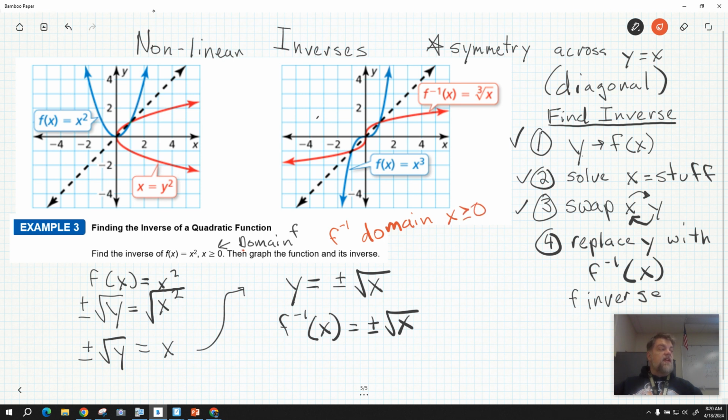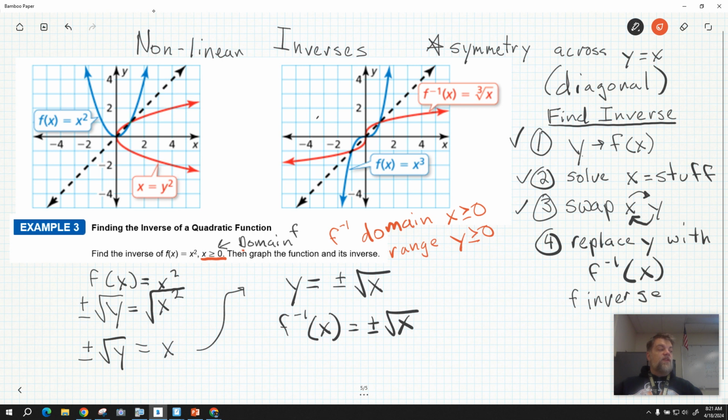But remember, the domain of f is the range of the inverse, right? So then my range has to be positive. Because I'm going to take this, which is the domain of f, and for f inverse, because the domain and the range get flip-flopped, I'm going to do this.